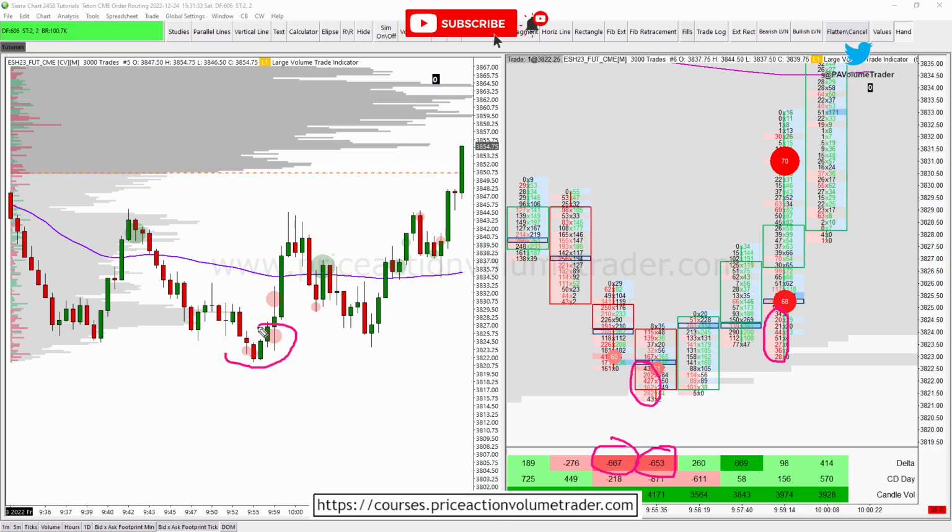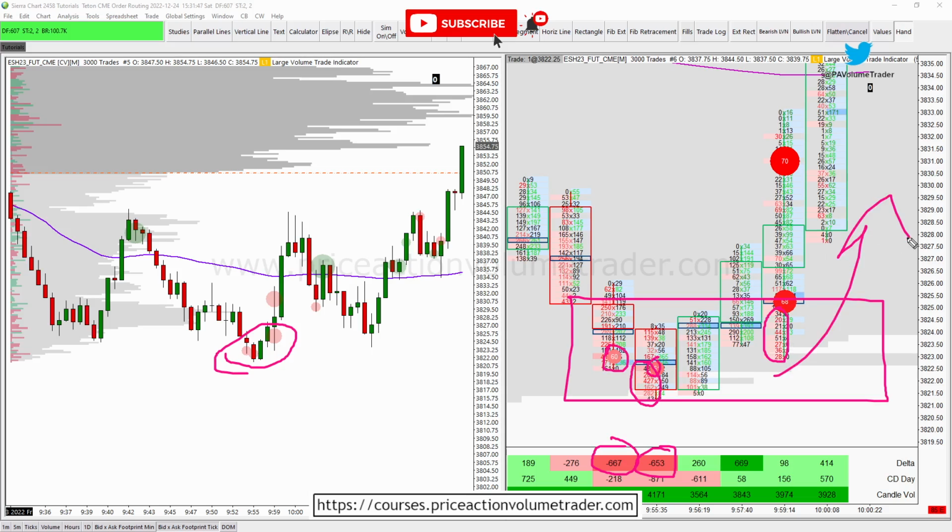So what this low indicates for me is that there are large limit orders, large passive traders getting all their longs filled here, high volume selling, and this just reverses. Then same thing, we come back into this area with large volumes of selling, and now we just reject and bounce from this area and continue the momentum higher, making a higher low.